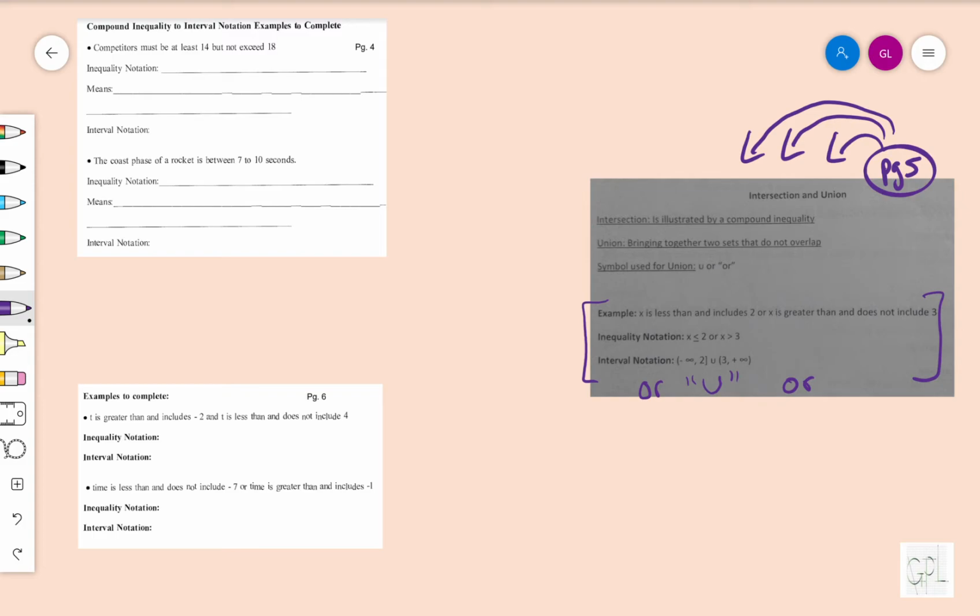So let's go with C. Your competitors must be at least 14, so the youngest that they could be is 14.